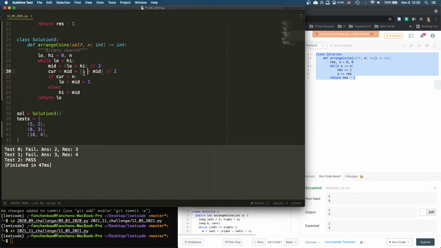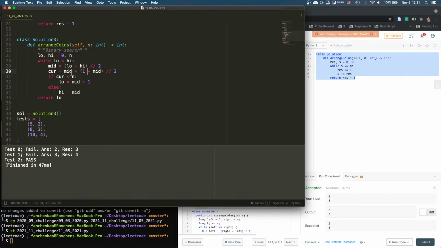Wait, hold up. What did we go wrong with this? We start at 0 and 5, and the first mid is 2. But 2 times 3 divided by 2 is 3, which is small. So we should not go low equals mid plus 1, right? If low is mid plus 1, we will miss the point. We want something that's smaller than n, right?